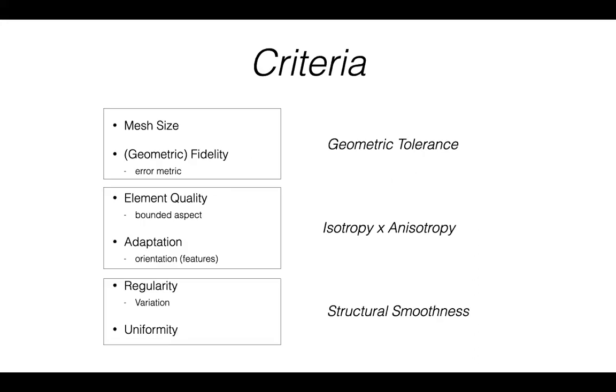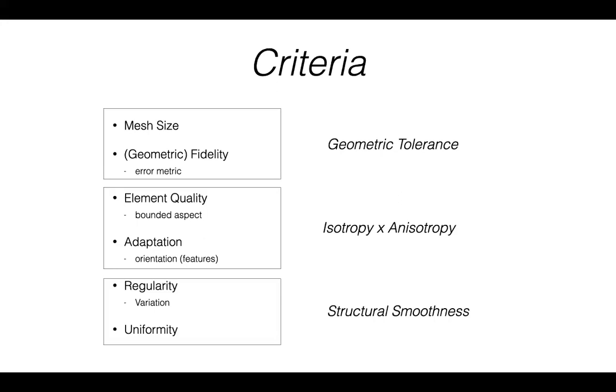And what happens is that using these criteria, we can consider the geometric tolerance, the structural smoothness, and the isotropy or anisotropy that deals with those properties. For the geometric tolerance, I'm going to discuss the error metric between the continuous surface and the mesh, but it's also going to take into account the mesh size.